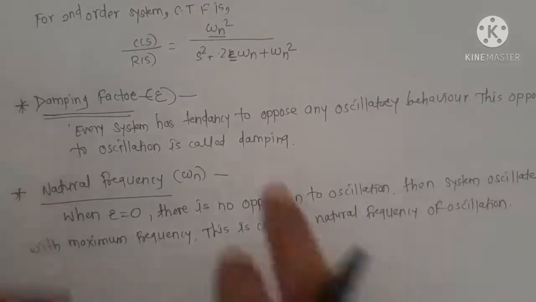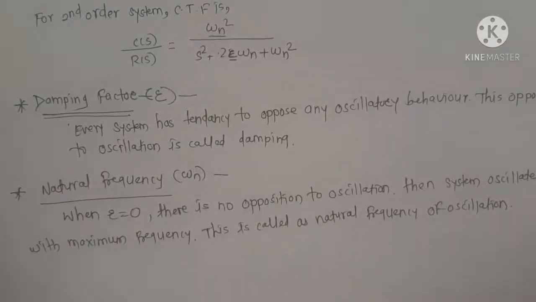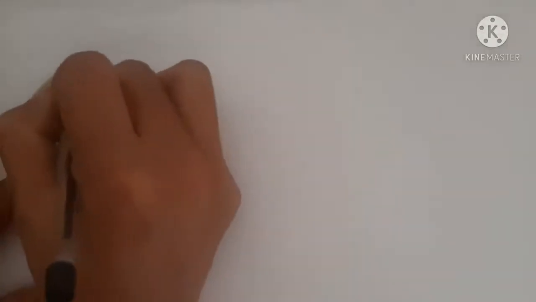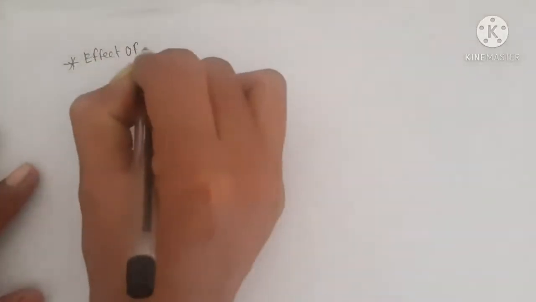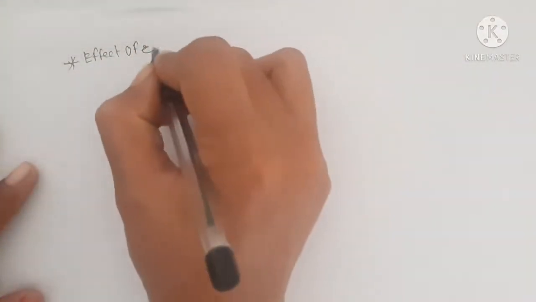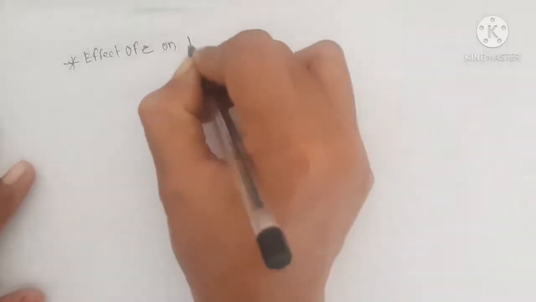So let's see what is the effect of this damping factor, that is eta, on the position of closed loop poles.